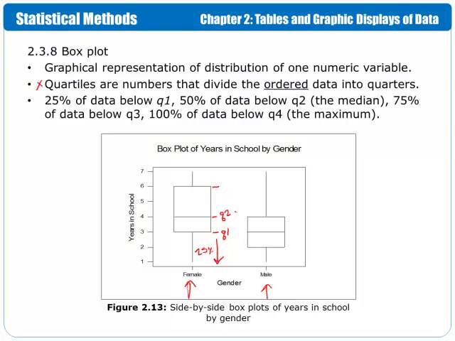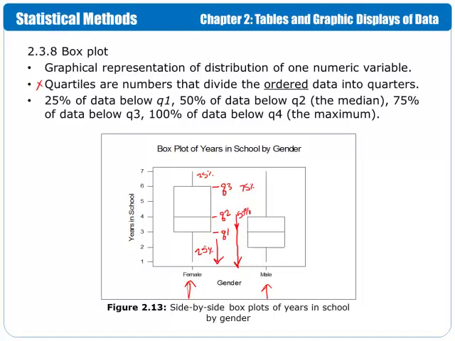This Q2 indicates that 50% of the data are below Q2. The top line represents Q3, or the 75th percentile, meaning that 75% of the data are below Q3, which means that we have another 25% of the data that are above Q3.